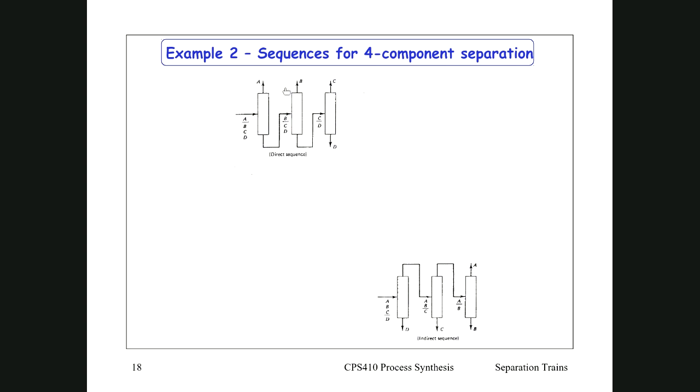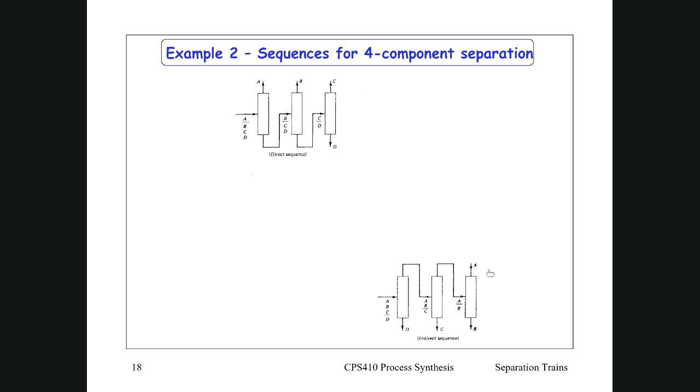So you'll take off A first, then you'll take off B, then you'll take off C, and as soon as you take off C, you've got D coming off. And then the opposite of that, indirect sequence, where you take off products one by one as bottoms products. So you take off D, then you'll take off C, then you'll take off B, and then automatically you'll have A as the distillate.